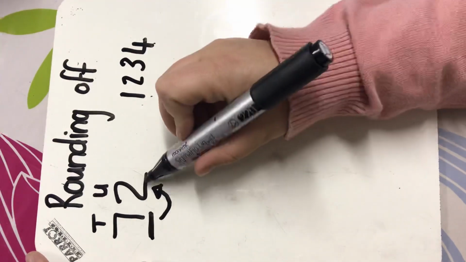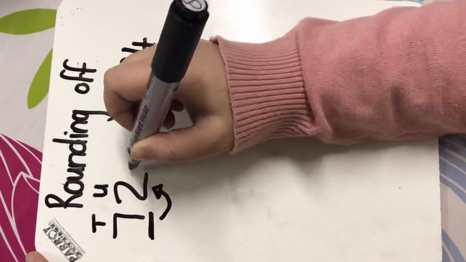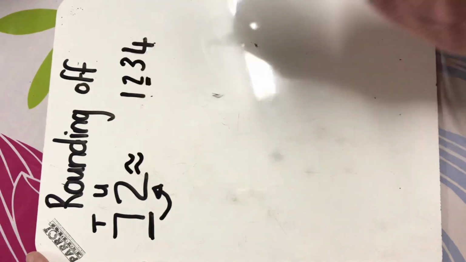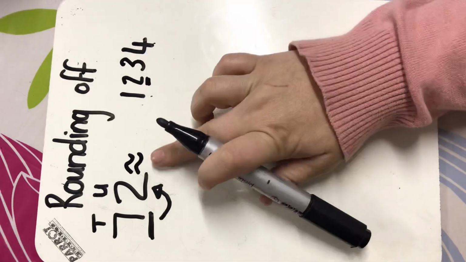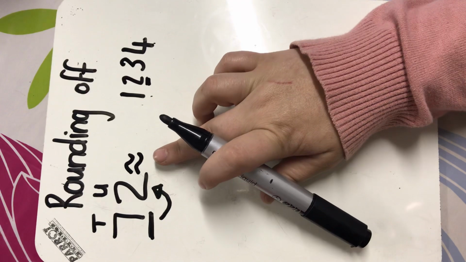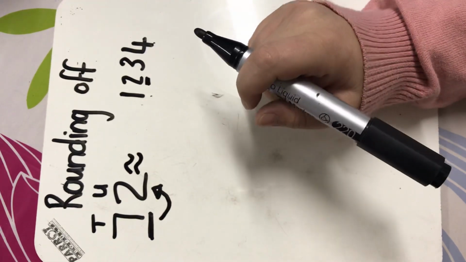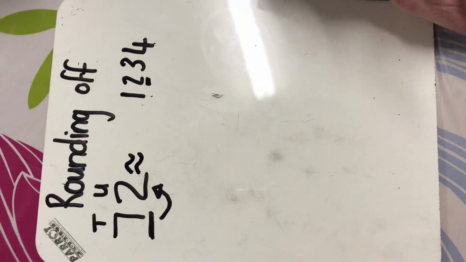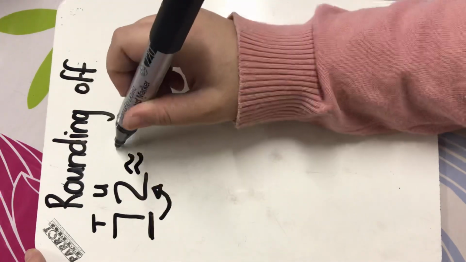So if this number at this moment is a 2, when I round it off, look at this little sign. That little sign is kind of like an equal sign, but this is my rounding off sign. So it means, look, I have rounded this number off. That wasn't the original one that I was given. So because it's a 2, it stays the same.